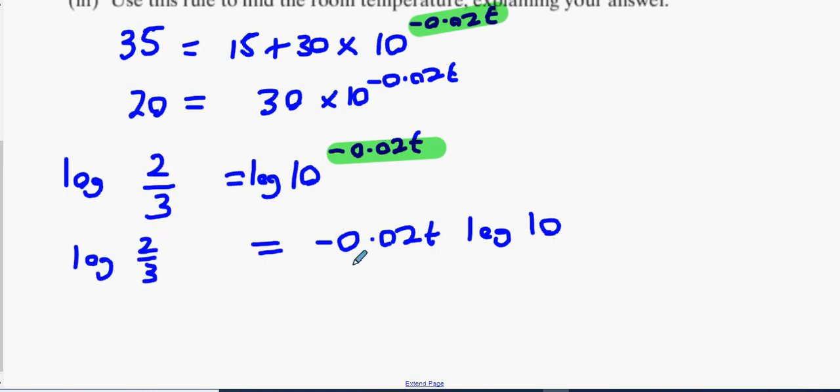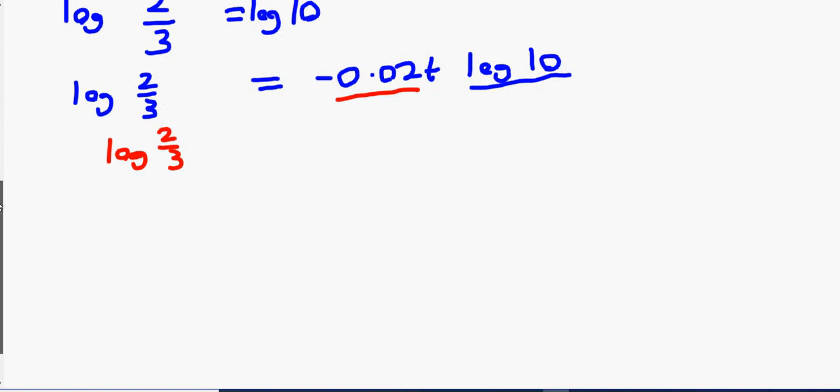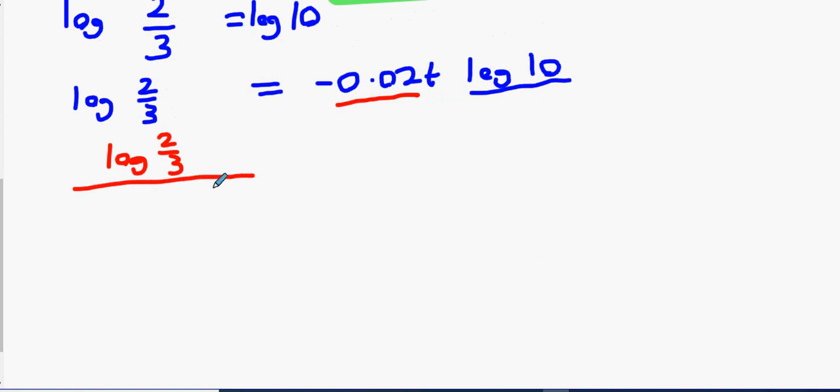Bring the log 10 and the minus 0.02 t underneath. So we're going to get log 2/3 divided by minus 0.02 log 10.